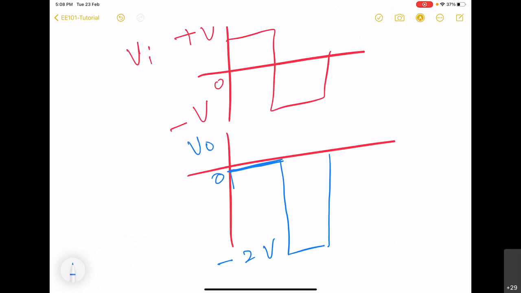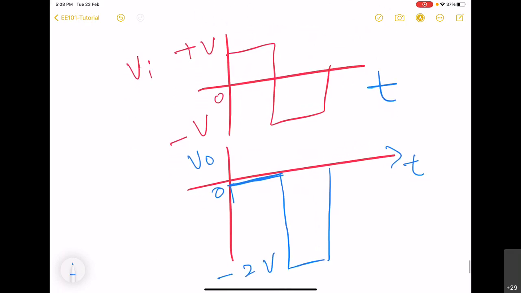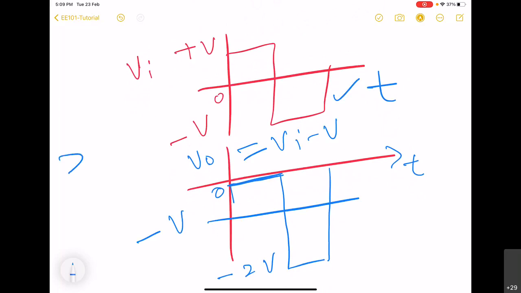So this is going to be VO. Right. So what this circuit has done is basically shifted the DC level present in the input. It has added minus V to this input. So VO is Vi minus V. So this is a DC level setter.